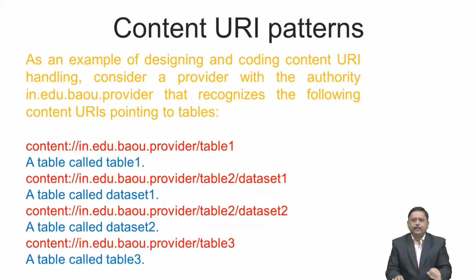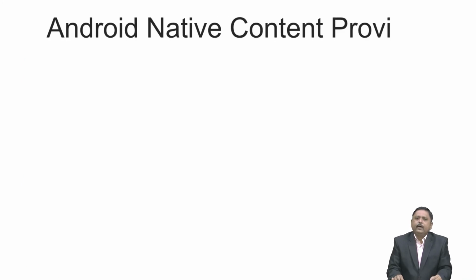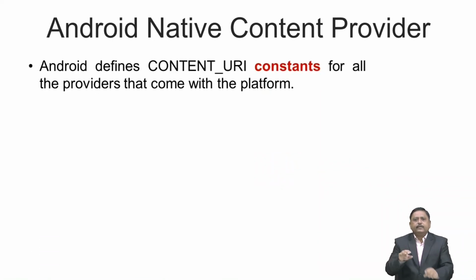Now let us try to understand content URIs for Android native content providers. There are some content URI constants which you can use to refer to a particular native content provider. Android defines content URI constants for all the providers that come with the platform.